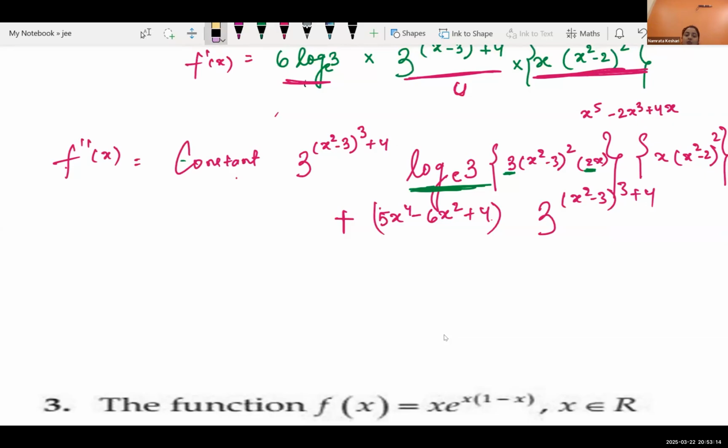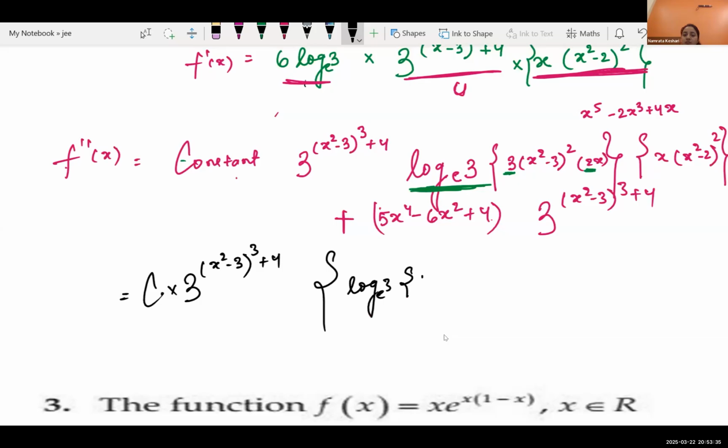Let's take it out completely along with the constant c I'm writing. So 3 to the power x square minus 3 whole cube plus 4. And then we are left with log 3 with base c, multiplied with this, which I'm writing for now as it is. x square minus 3 whole square, and the other curly bracket we are having is x square minus 2 whole square.